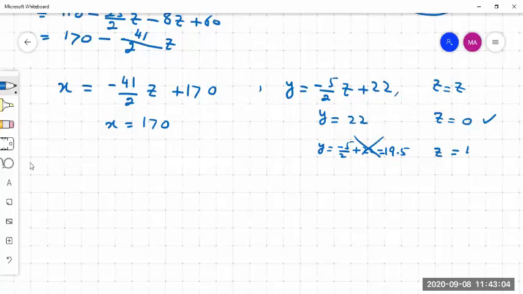Actually, the denominator is 2 in both places, so in order for x and y to be integers, z must be a multiple of 2. So this is not a required solution. We go with z as a multiple of 2.